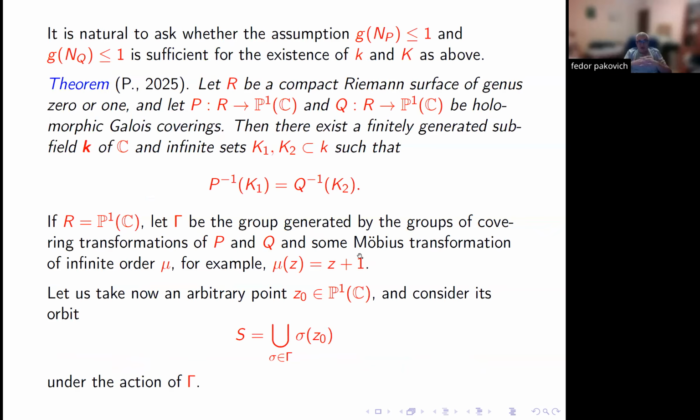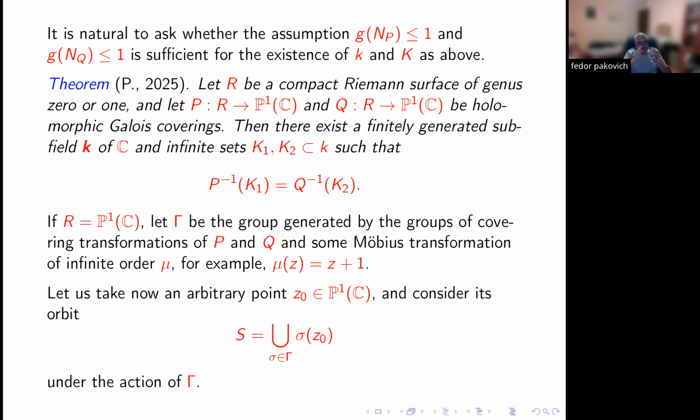So now we can ask if the assumption that these numbers are at most 1 is sufficient for the existence of a field and set as above.